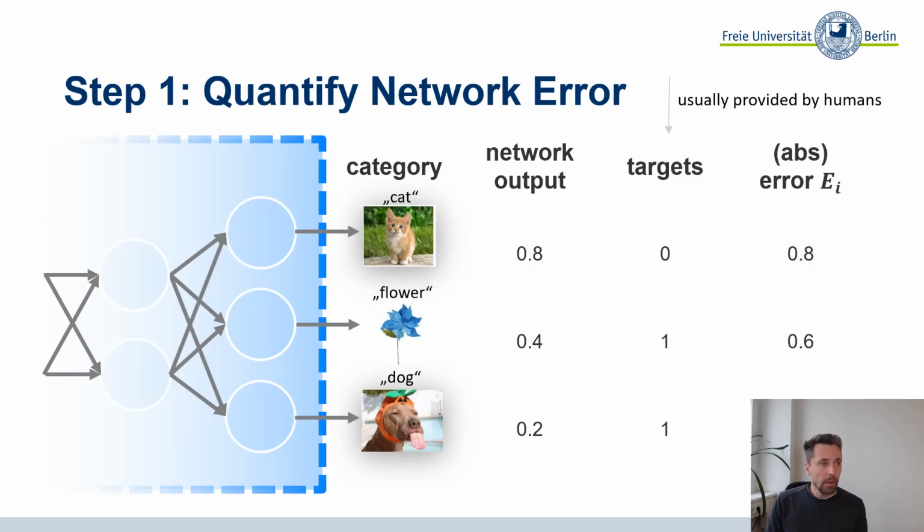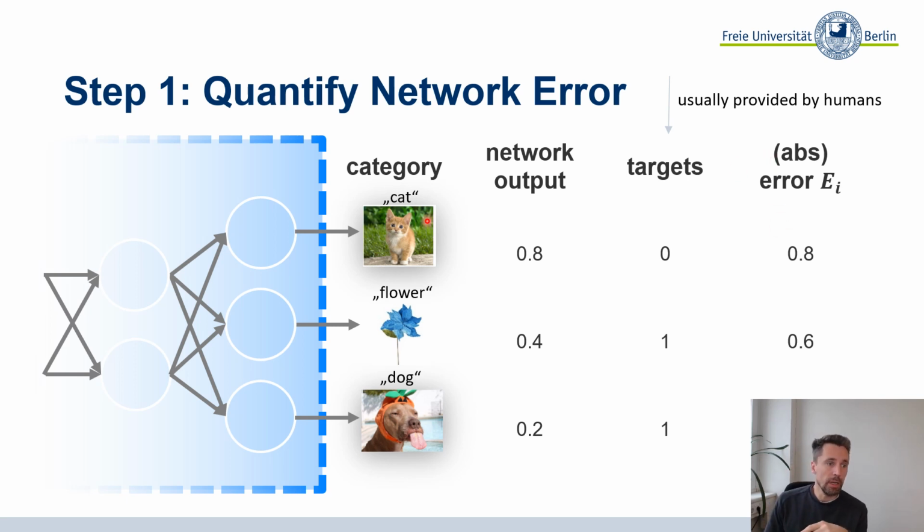Good. So how do we approach the training? Well, the first step we have to take is find a way to quantify what is a good setting and what is a bad setting. Now we need to quantify how well the network already represents the data set that it was given for training.